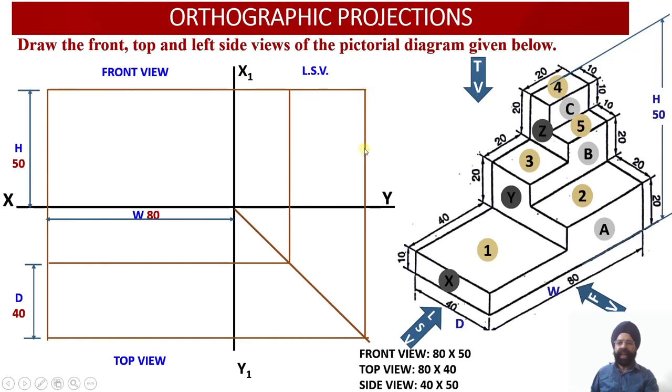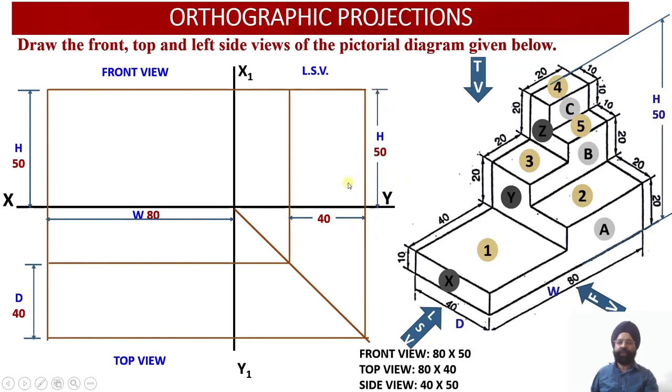Now this height has been represented in the front view, while this depth of the side view is represented in the top view, right? So these dimensions from the top view have been carried forward and transferred to the left side view. So this is the 40 millimeter depth and this height.